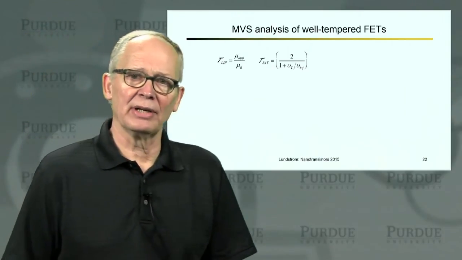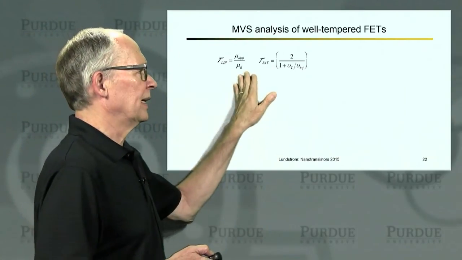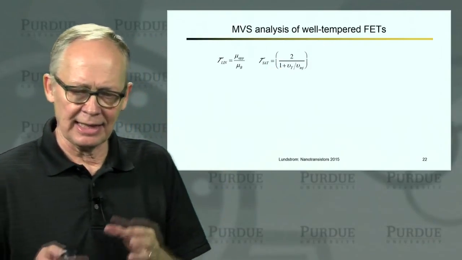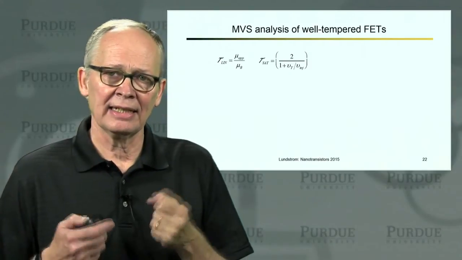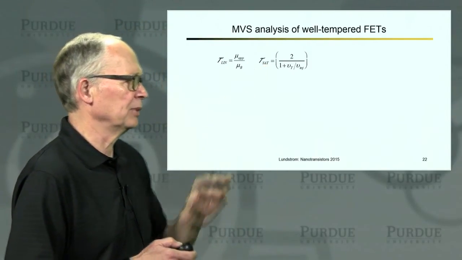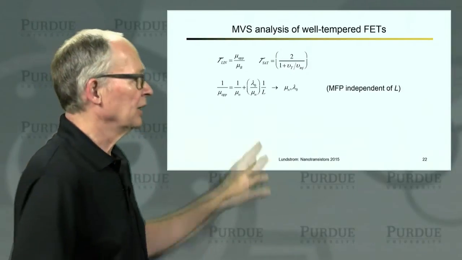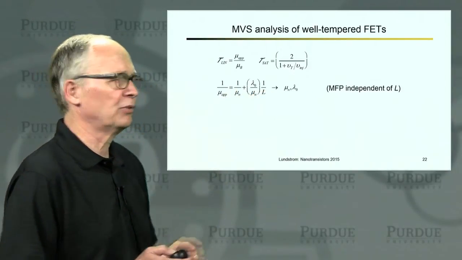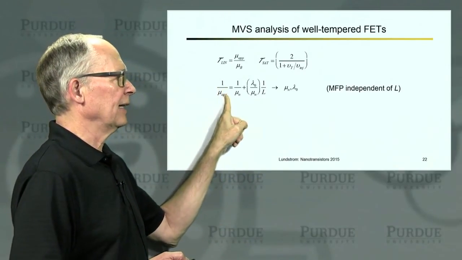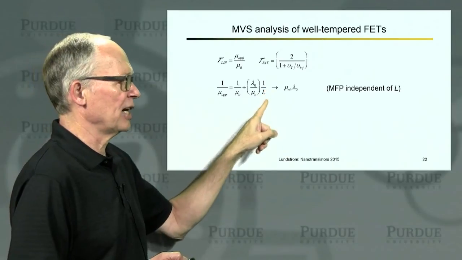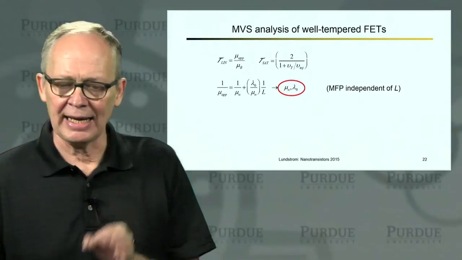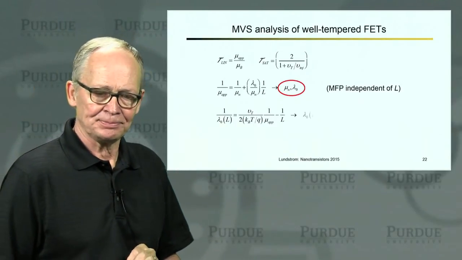Okay, so just to summarize the analysis that we can do, we can easily do an analysis by fitting the MVS model to experimental data, and then we can quickly extract the transmission in the linear regime and the transmission in the saturated regime. We can do a little more careful analysis, and if the mean free path is independent of channel length, then we can plot 1 over the apparent mobility versus 1 over the channel length, and we can extract the mobility due to scattering and the mean free path from such a plot.